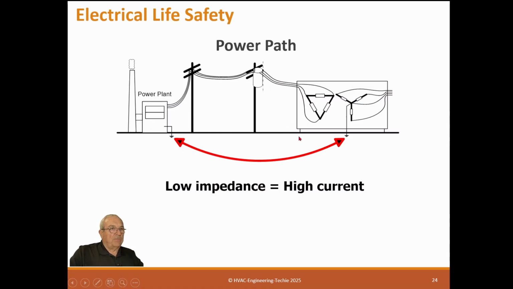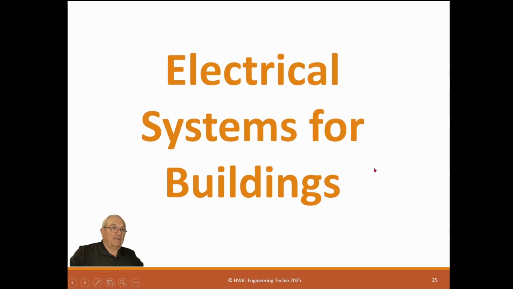So if there's ever a problem and the energy can't get back here, it will come back here. And that's a problem because that puts you at risk of electrocution. So remember, never place yourself between a high current load and an earth source, because it has low impedance and it will definitely be the favorite conductor. The favorite conductor will be through you, to the earth, back to the power plant, when it really should be in the wires. So you need to be careful with that.